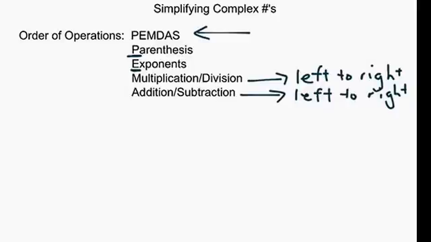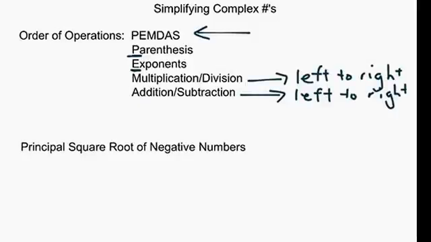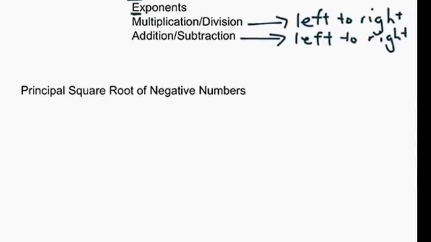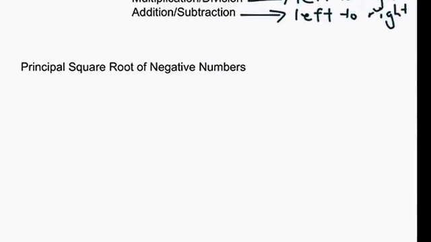Alright, now we have a new little rule where imaginary numbers are concerned. This rule is called the principal square root of negative numbers. What this says is that if we have the square root of negative n, that equals i times the square root of n.